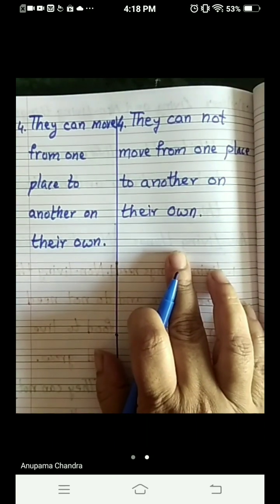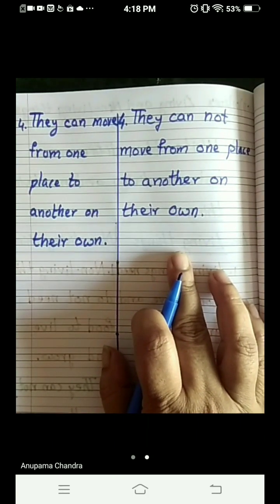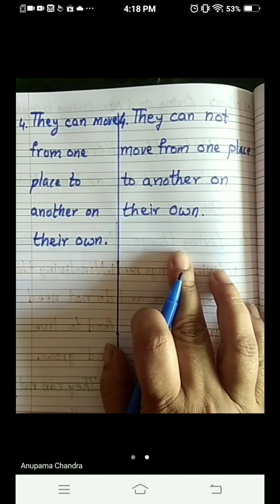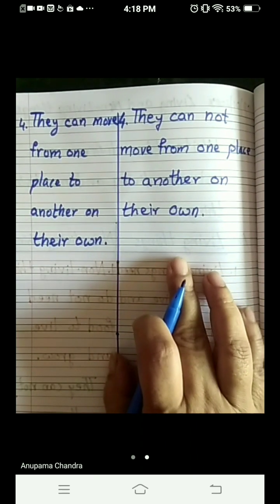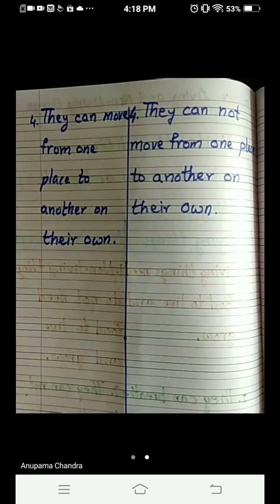Non-living things cannot move from one place to another on their own. They need an extra force to move from one place to another.